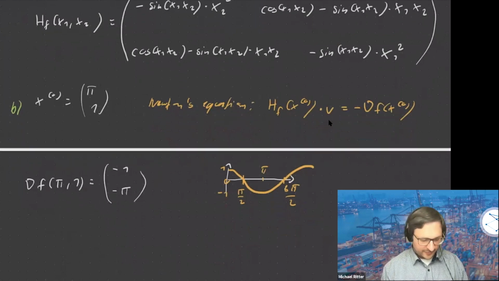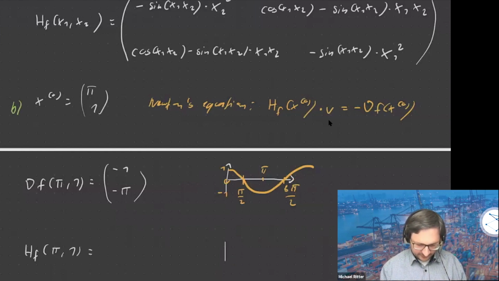Okay, similar for the Hessian here. Pi and 1. So we established the cosine already. Let's make a drawing for the sine as well. Very similar to that. The sine is basically the shifted version of that. So again, here's 1, here's -1, here's 0. This is pi over 2. This is pi. This is 3 pi over 2.